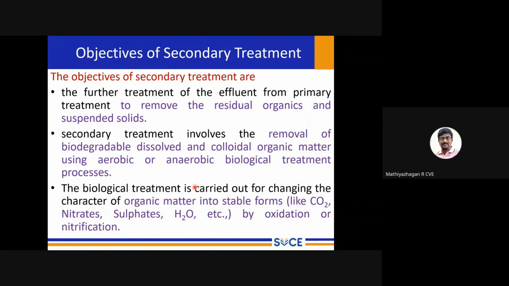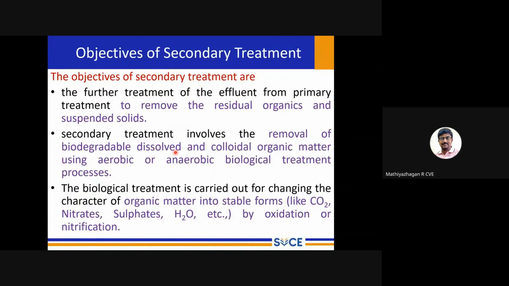The next stage is secondary treatment. During the secondary treatment, the remaining 65 to 70% of the organic matter, which we can call BOD, is treated.